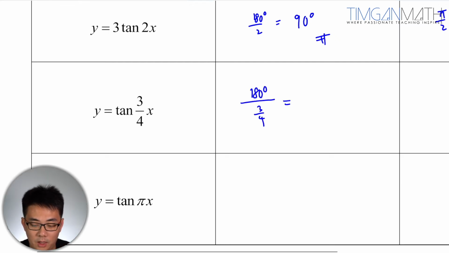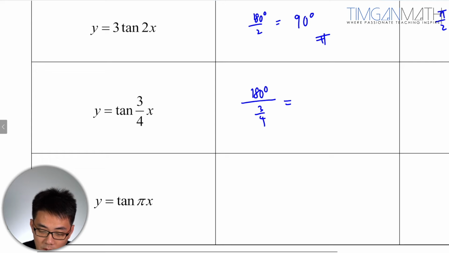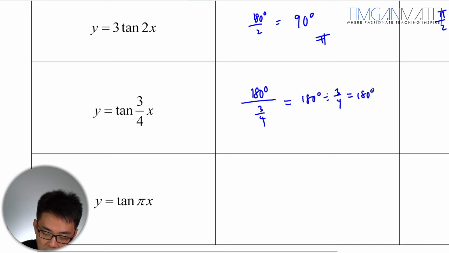This will be 180 multiplied by 4 divided by 3, or divide by 3 over 4. So you could just divide by 3/4, and this is 180 multiplied by 4 over 3. So this would be 180 times 4 divided by 3, that would be 240 degrees per period.